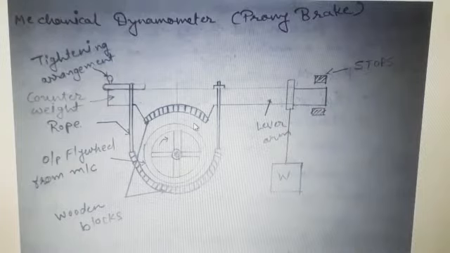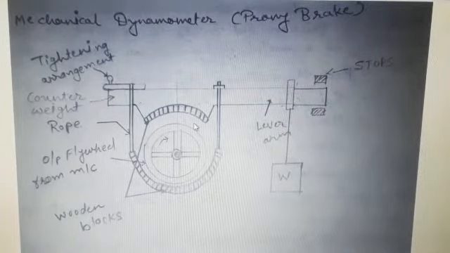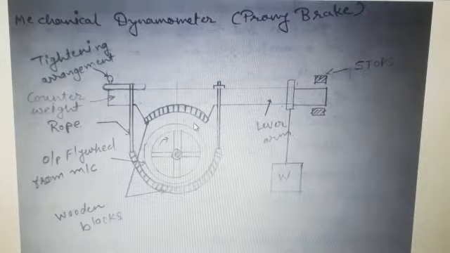It stops the shaft and measures the power. That's why it is called a brake dynamometer. It first stops the shaft and then measures the power. That's why it's called an absorption type dynamometer.